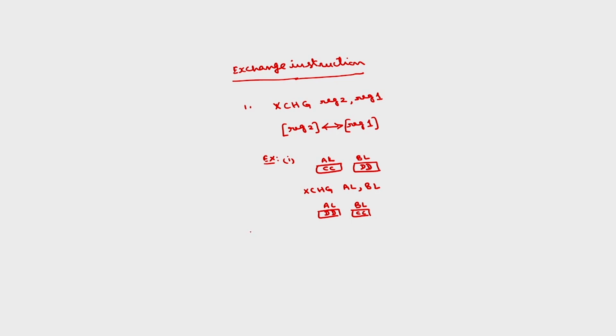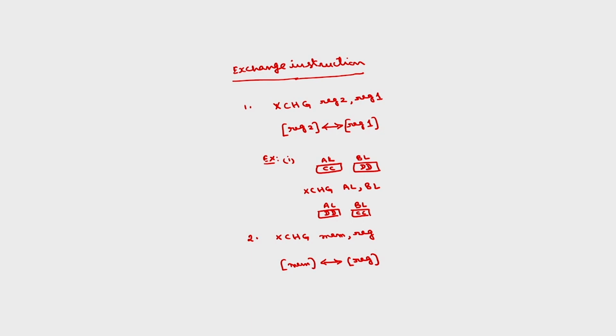Then the second exchange instruction is the exchange between memory and register. So the contents of a register are exchanged with the memory contents. Which memory location, again?